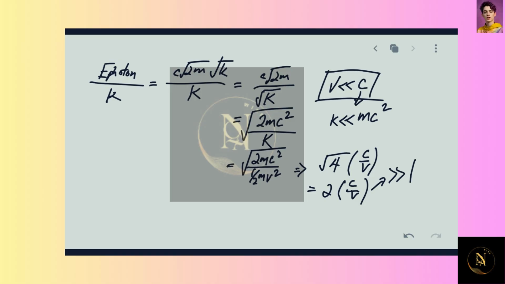So this is greater than 1. Therefore, greater than 1 multiplied by 2 will definitely be a number that is greater than 1.